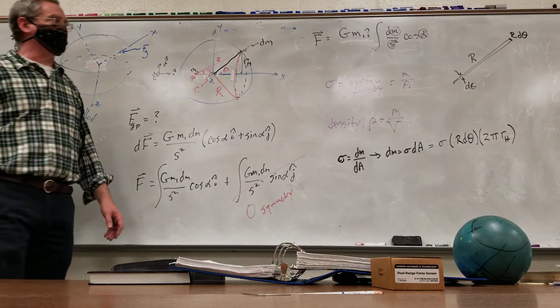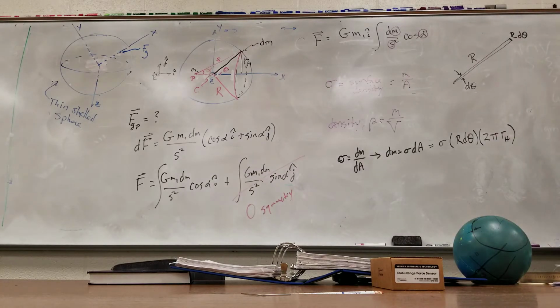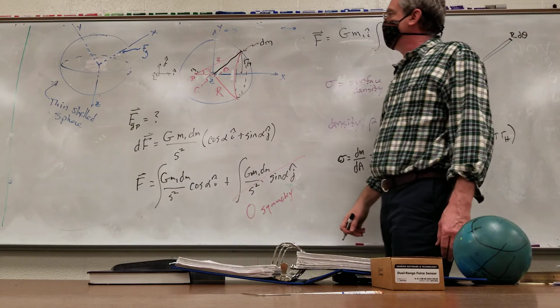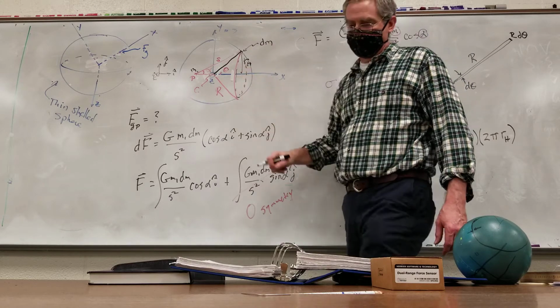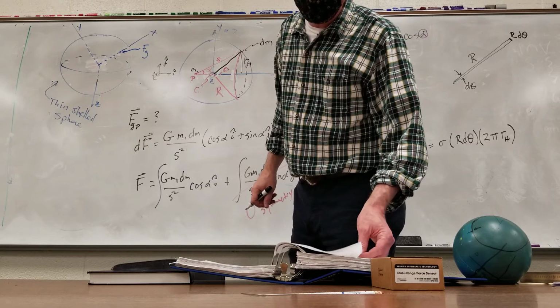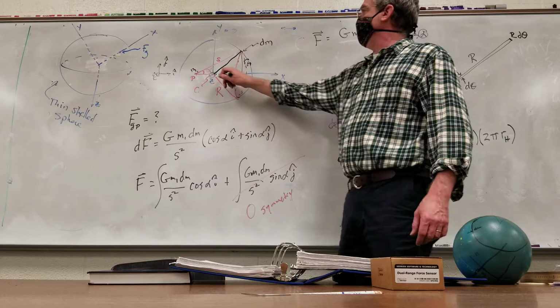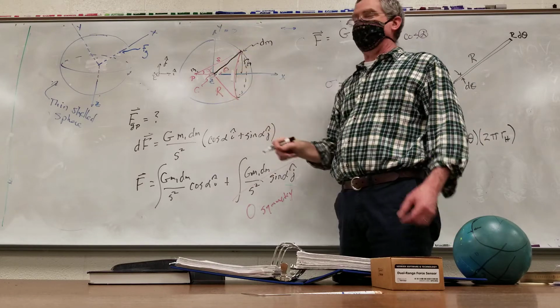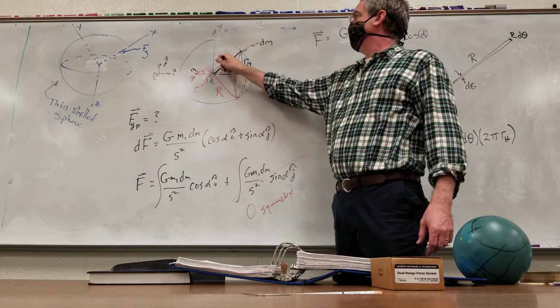It does all settle out in the end. The radius of that hoop, and again, just want to make sure that I'm doing it all in terms of theta here. I know that this black line right here is the radius of the sphere itself, and so that's r.